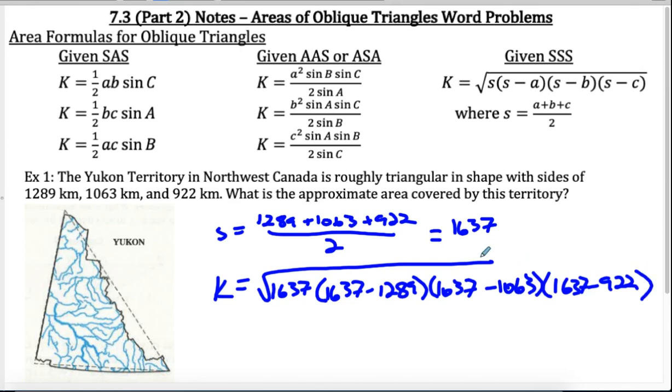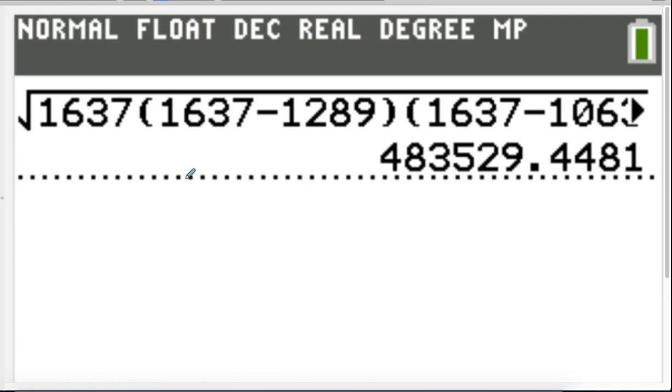Right? And we would just plug all of that into the calculator. And if we do that, we get 483,529.4481. Now, I don't think this question specified what to round to. So let's go to 2 decimal places. Generally, if we're talking about land, we would go to 2 decimal places.